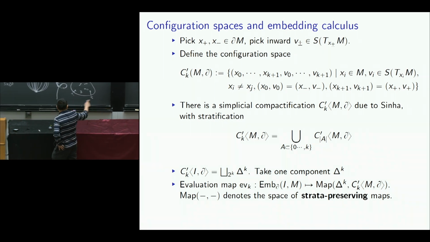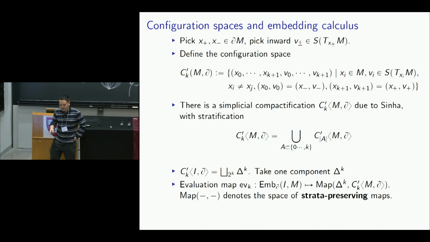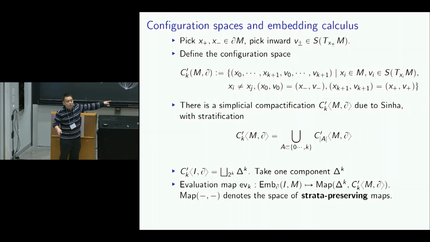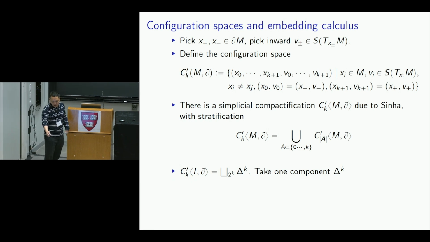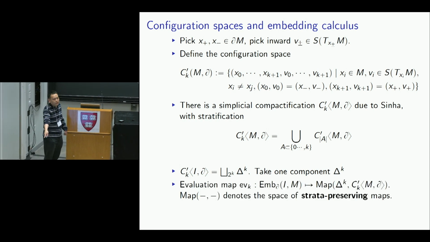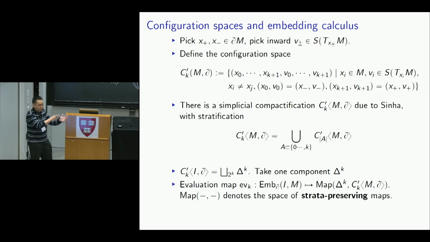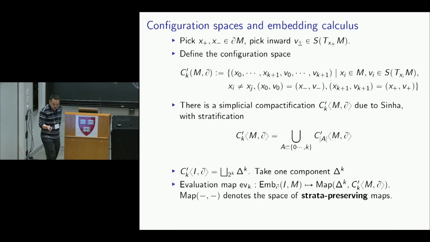This map can be extended to the compactification, and it turns out that it preserves the strata. So here map means the space of strata-preserving maps. We only care about those maps which send each stratum to the corresponding stratum.